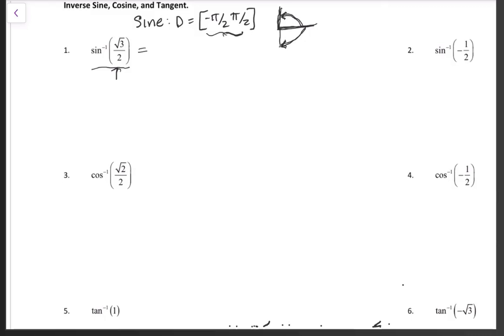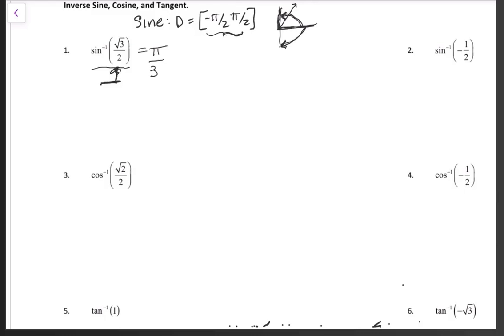And that, of course, we know is a standard angle of pi over 3. So the inverse sine of the square root of 3 over 2 is equal to pi over 3. We're just finding which one of those common angles we want to use for our result of our inverse based on this real number that we've been provided.